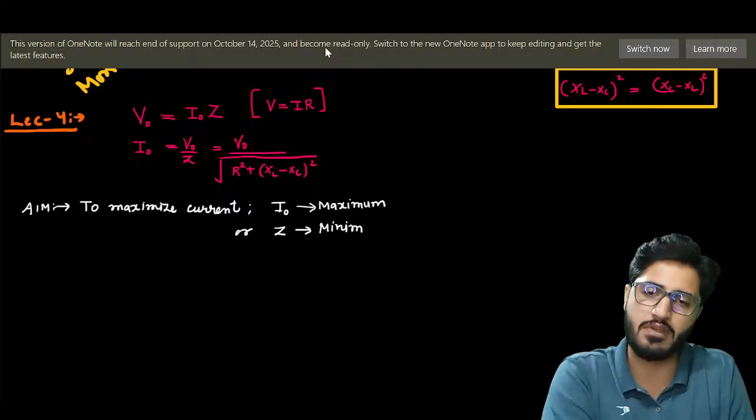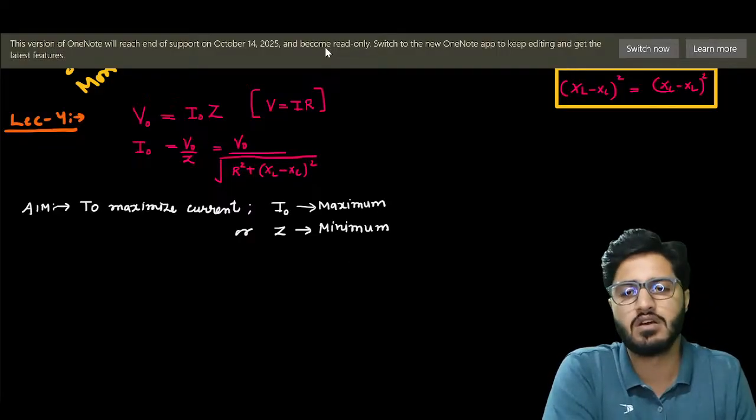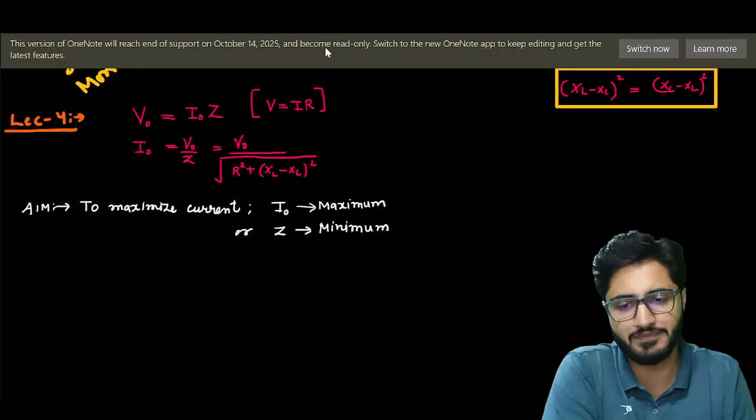If this occurs, my circuit has maximum current or minimum opposition.